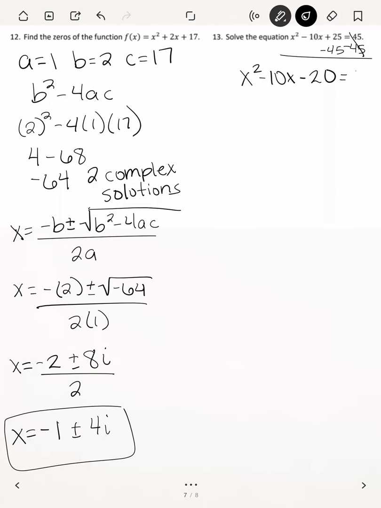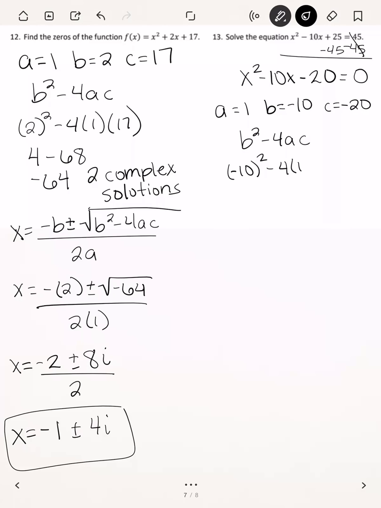Couldn't count on my fingers on that one. So I get that. Now I just label like I've been doing. A equals 1, B equals negative 10, C equals a negative 20. My formula, b squared minus 4ac. My b is negative 10, so I put it in parentheses and I square it. If it's not in parentheses, you will get a different answer.